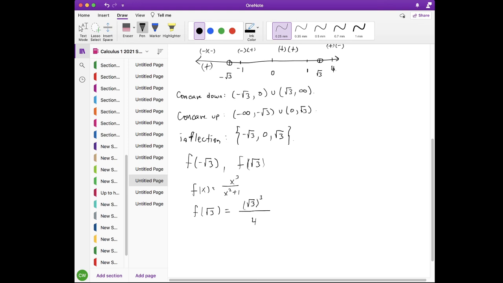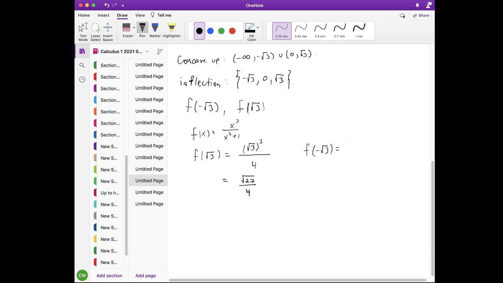And when you plug in negative root 3, you get negative root 3 cubed. Actually, we can call this square root of 27 over 4, right? That's probably nicer, which is 3 root 3 over 4. And then we'll have negative 3 root 3 over 4.